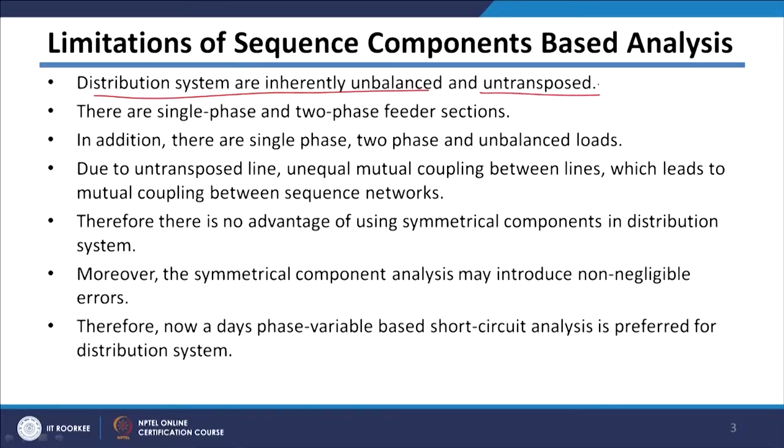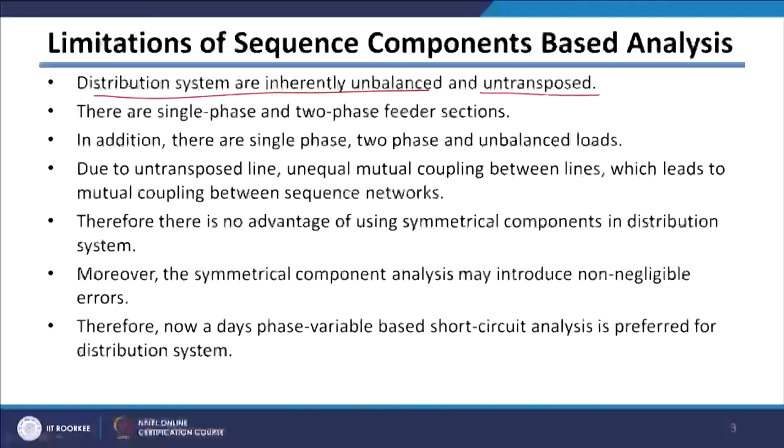In sequence component theory, one basic assumption is that the system is balanced before the fault and only positive sequence quantities exist in the network before the fault. That condition will not be satisfied in distribution systems, because they are very much unbalanced before the fault also.